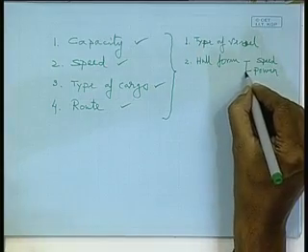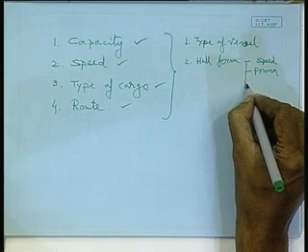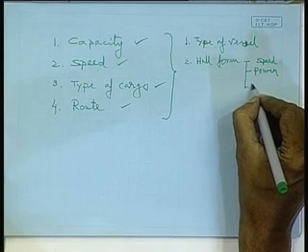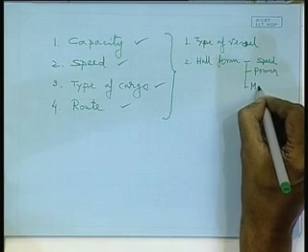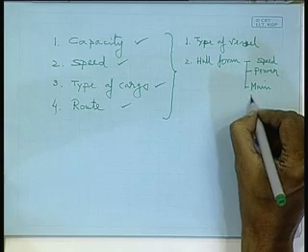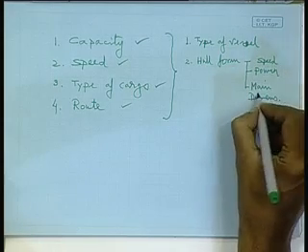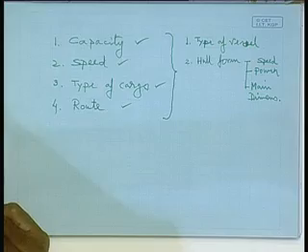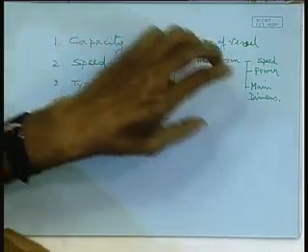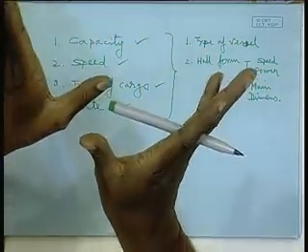Obviously, from here you will have the principal particulars. The principal particulars means the so-called main dimensions. From this the solutions are coming. First and foremost, you decide on the type of the vessel, the hull form and the principal particulars.